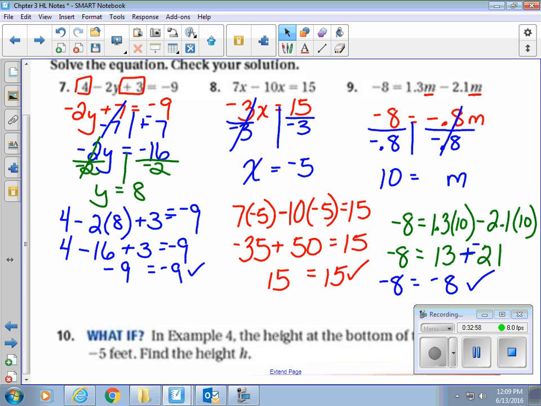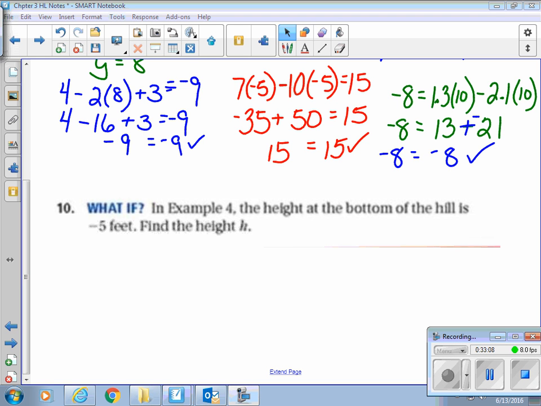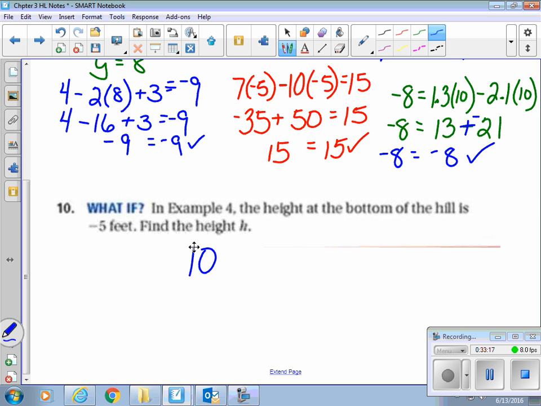And in the real life problem, we're going back to example 4. Now they're saying the height at the bottom of the hill is negative 5 instead of the original number, which was, I believe, negative 10. Yes, so we're using the same exact equation, but the answer is now set up equal to negative 5 instead of negative 10.